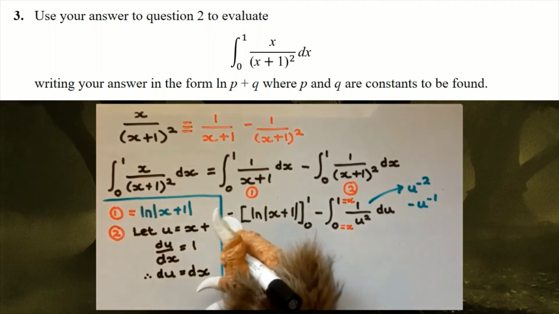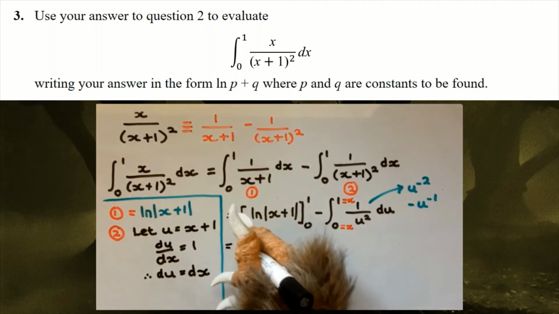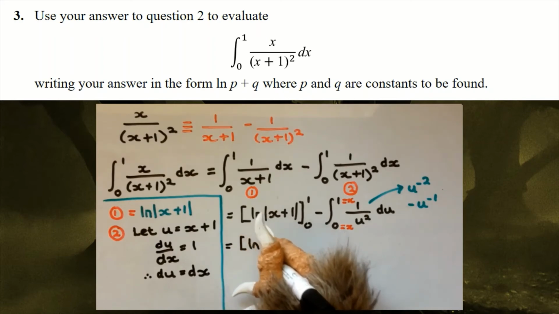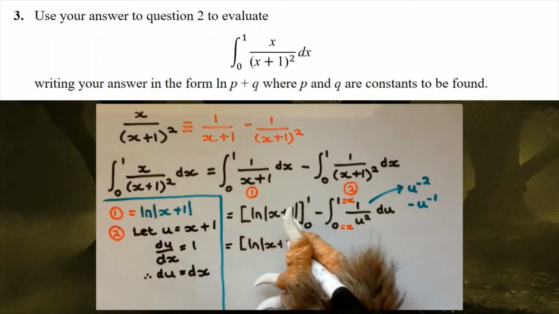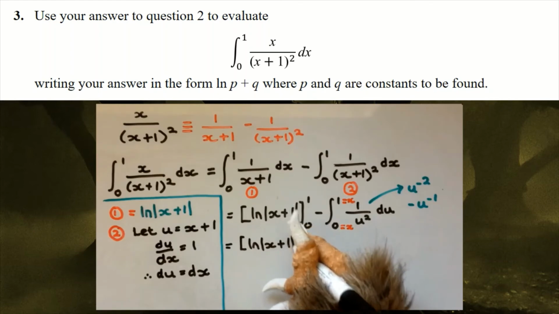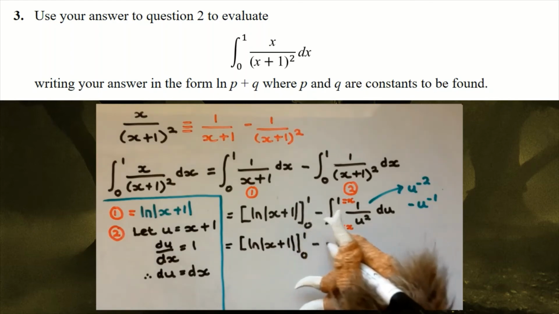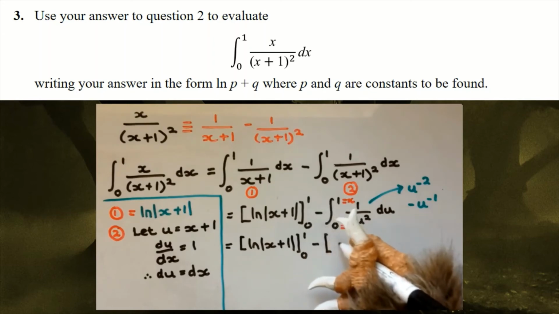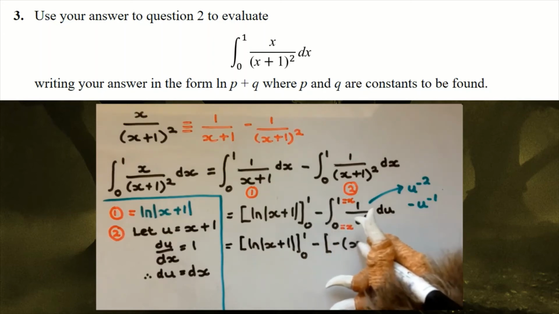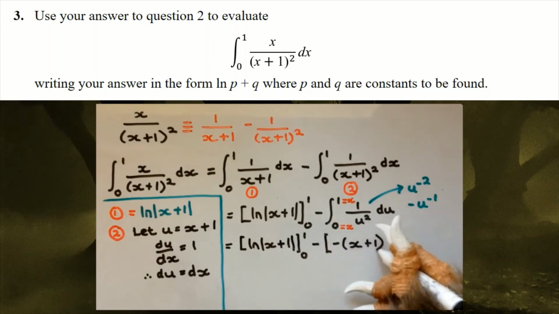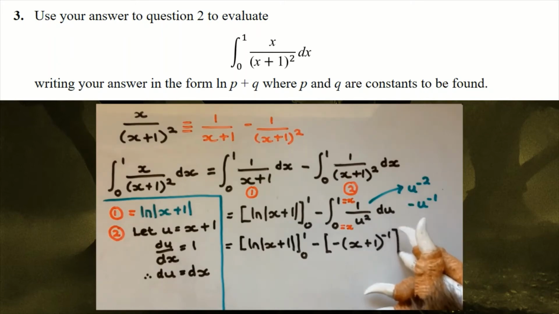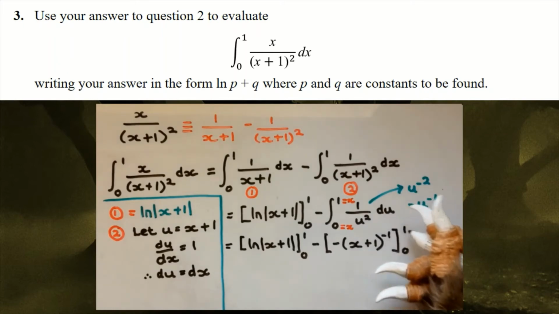Right, so let's do the next step. That's going to equal the natural log of the modulus of x plus 1 from 0 to 1, and then I'm going to subtract minus (x plus 1) to the power minus 1, evaluated also between 0 and 1.